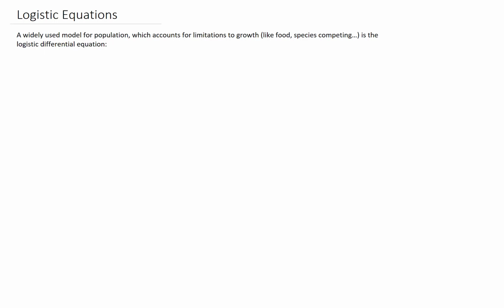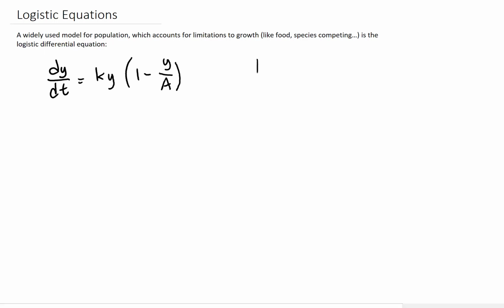This is what's called a logistic differential equation, and it has this form, where k being bigger than 0 is the growth constant, and a also being bigger than 0 is called the carrying capacity. What the carrying capacity does is slow down this rate of growth at high values.